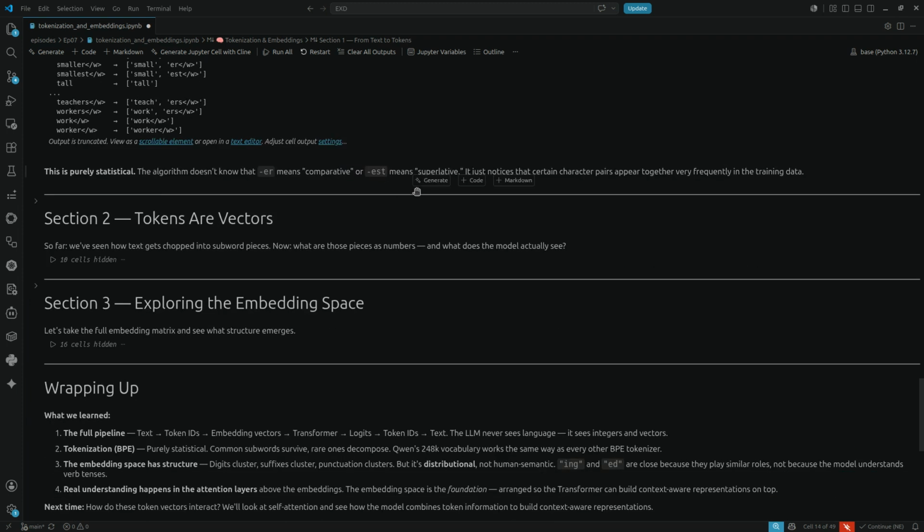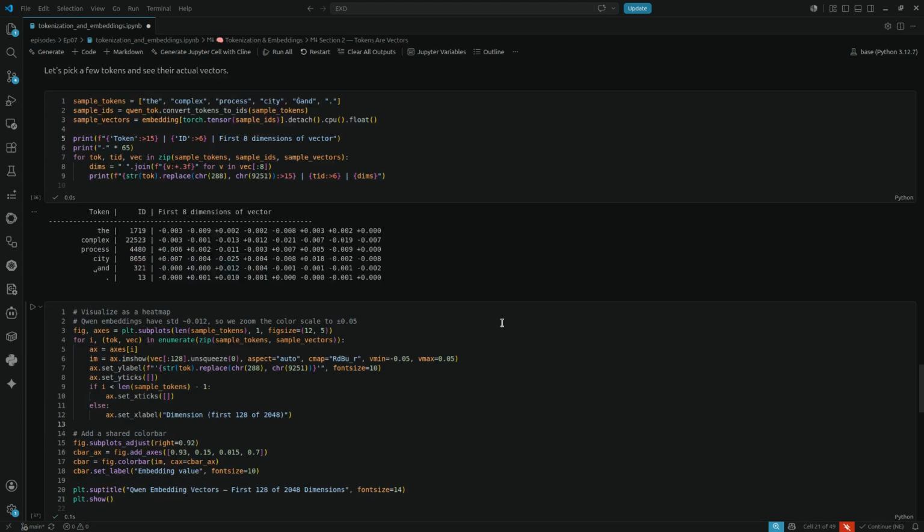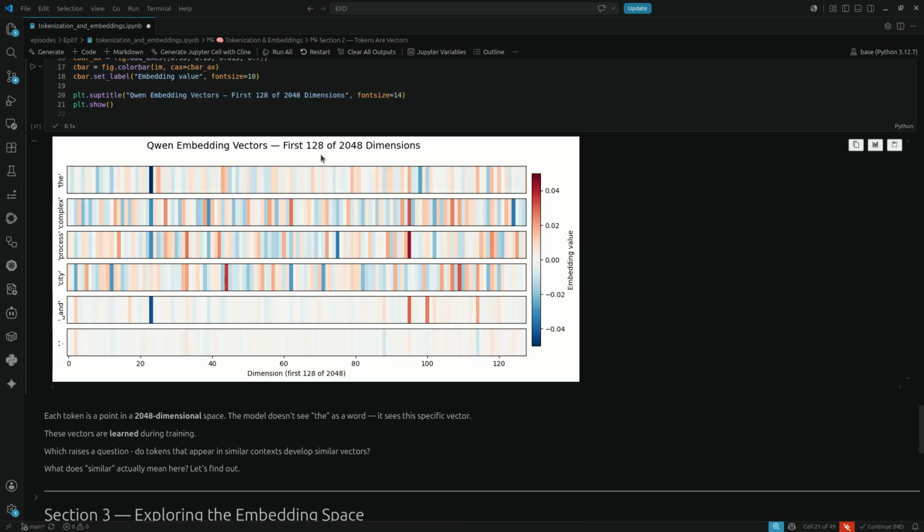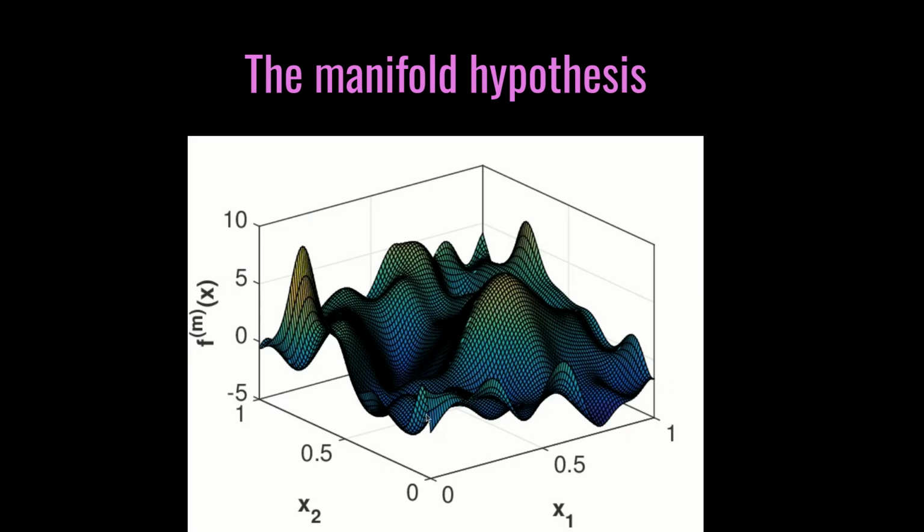Then we asked the question, okay, we know how to break text into useful chunks for LLMs to use, but how are they actually represented inside the LLM? And we got introduced to a very cool 2048 dimensional space, which kind of looks like this. It's this kind of surface inside this space.